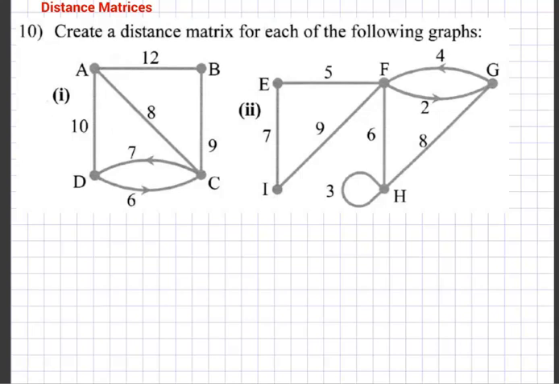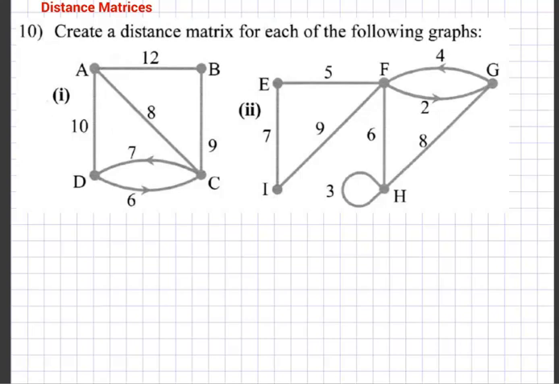Just introducing to you the idea of a distance matrix. The idea here is when you have a graph that has weights given to the edges, whether they be distances or other measurements, could be time, could be cost.